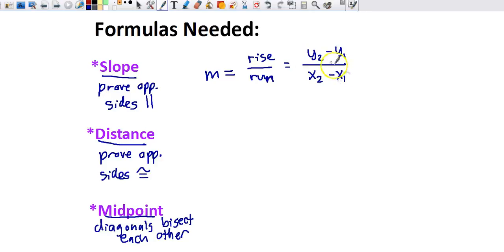So when we have two coordinates, as long as you're subtracting in the same direction, reduce that fraction, you'll get a slope that you can compare to the other slopes in the drawings. You want to do it for all four sides, not just two of them, all four.